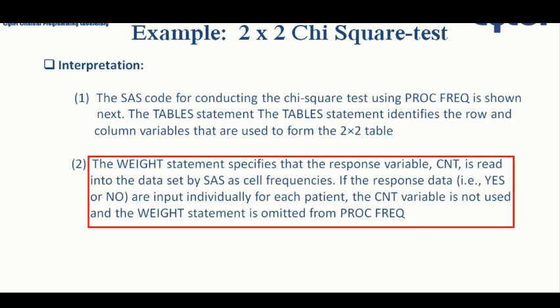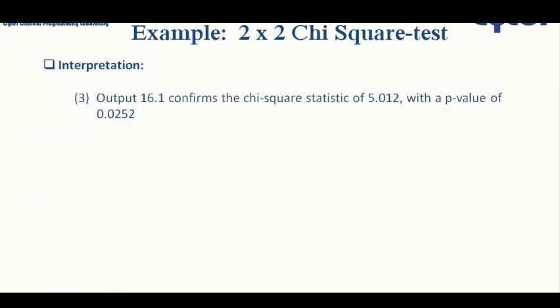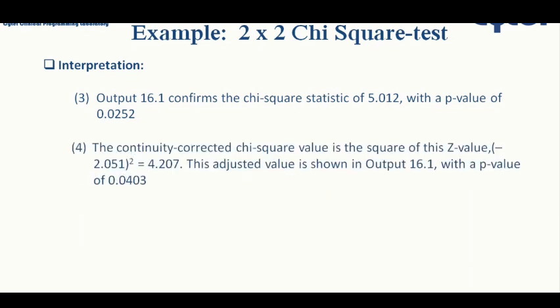If the response data, yes or no, are input individually for each patient, the CNT variable is not used and the weight statement is omitted from proc freq. These are all the different options of SAS procedures; if you refer to the SAS help for that particular proc, you will come to know all these points.